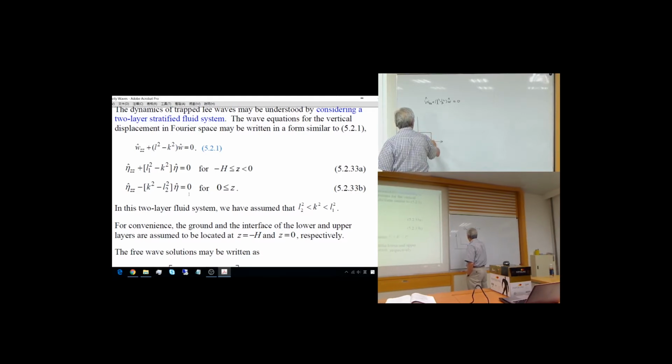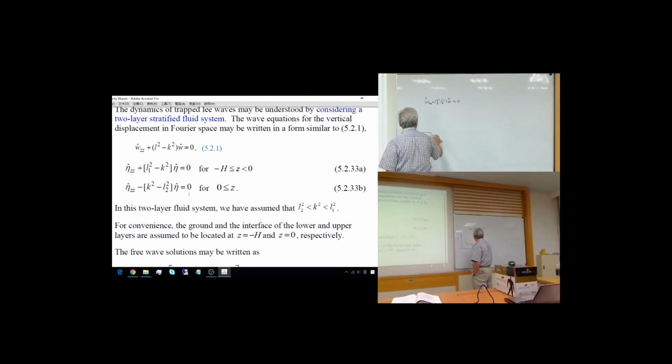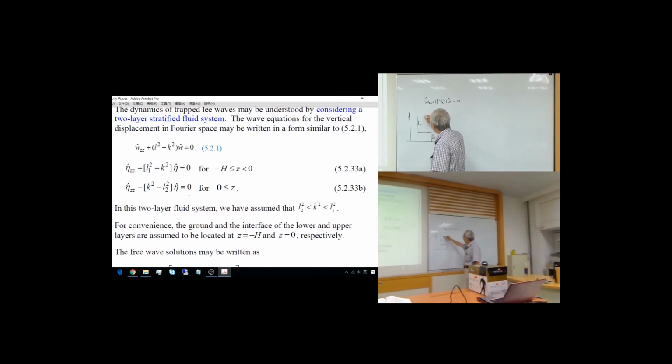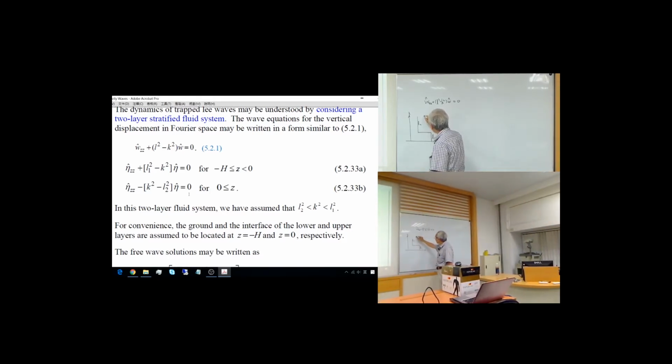Assuming we have this, like this is L1 and this is L2, if our K is between them, K is less than L1 and greater than L2, then the wave can reflect.